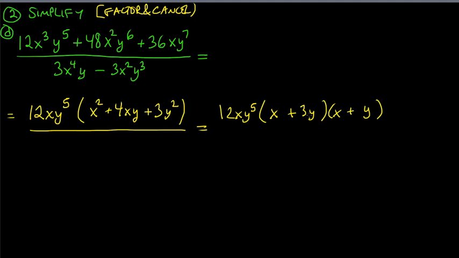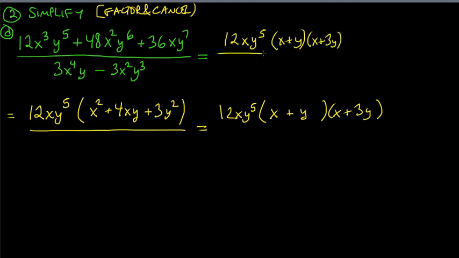Okay. So yeah, there's really no choice. I mean, the only choice is where to put the 3. Yeah, we could have put the 3 over here. Doesn't matter, right? So either way, I think we're factored completely. The numerator is 12xy to the 5th times x plus y times x plus 3y, and then all over what?